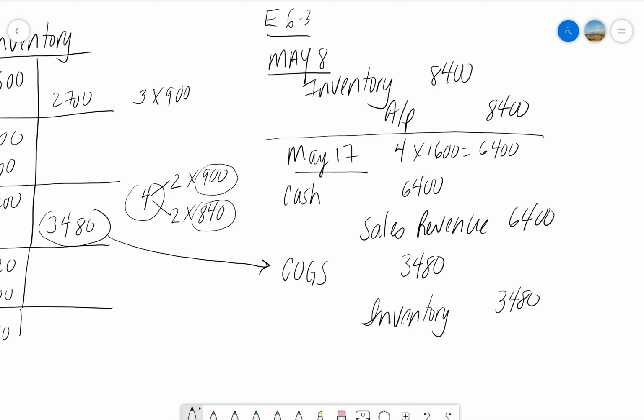And once again, we're going to use a T account to demonstrate how we have to calculate an average cost for our inventory. Now, the average cost needs to be calculated after every inventory purchase. Not when there's a sale of inventory, but after every purchase, we have to calculate a new average cost. And that's why it's called a moving weighted average, is because that average cost is always changing.